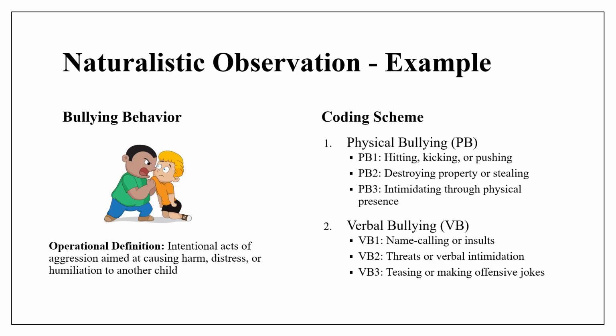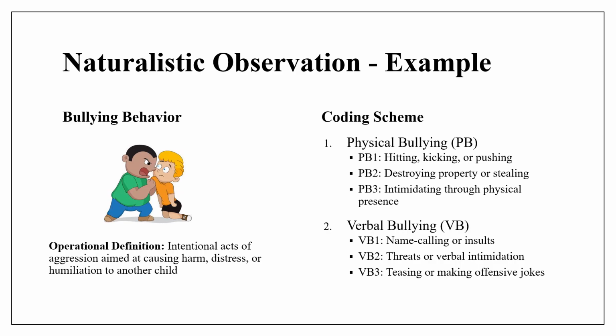And again, when we are developing a coding scheme, we want to make sure that we are hitting each one of the things and that are at least the major key components that our operational definition has, so that we can have a more accurate measurement of the variable that we're interested in. So again, there is a lot of work that goes behind a coding scheme. The one that I have here is very simple in comparison to what a coding scheme can really look like.